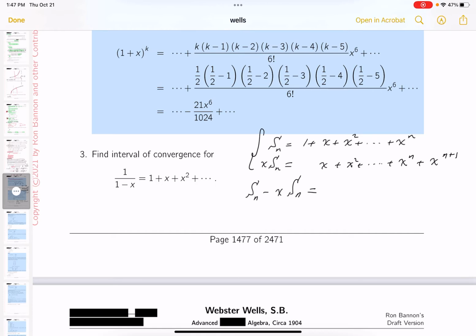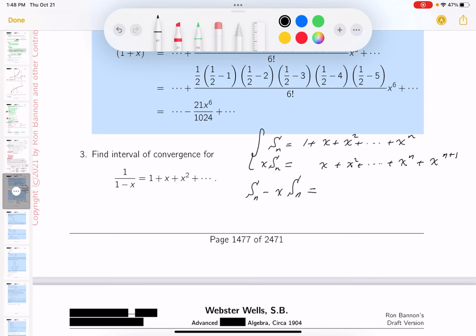What do I mean by that? If you're subtracting, let me point out what I mean by that. These things disappear, this disappears, everything in the middle disappears, this disappears, and you're left with something. What are you left with? 1 minus x to the n plus 1.